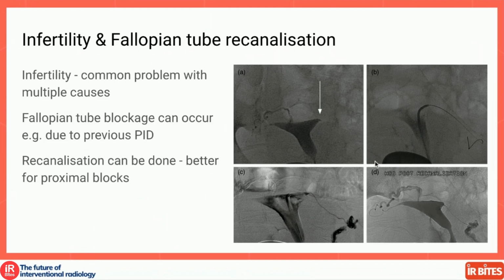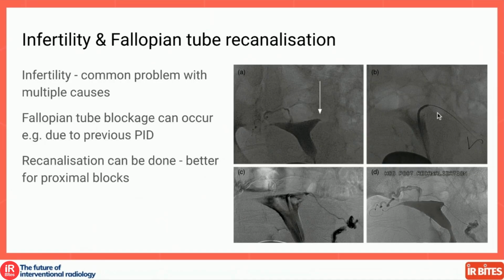So the top left image here is what we call a HSG, or a hysterosalpingogram, which is a live X-ray with dye inserted into the cavity, and that shows there's a blockage of this fallopian tube. So on the patient's right, or the left of your screen, this wispy bit is the lumen of the fallopian tube, but on the other side you can't see it because it's completely blocked off.